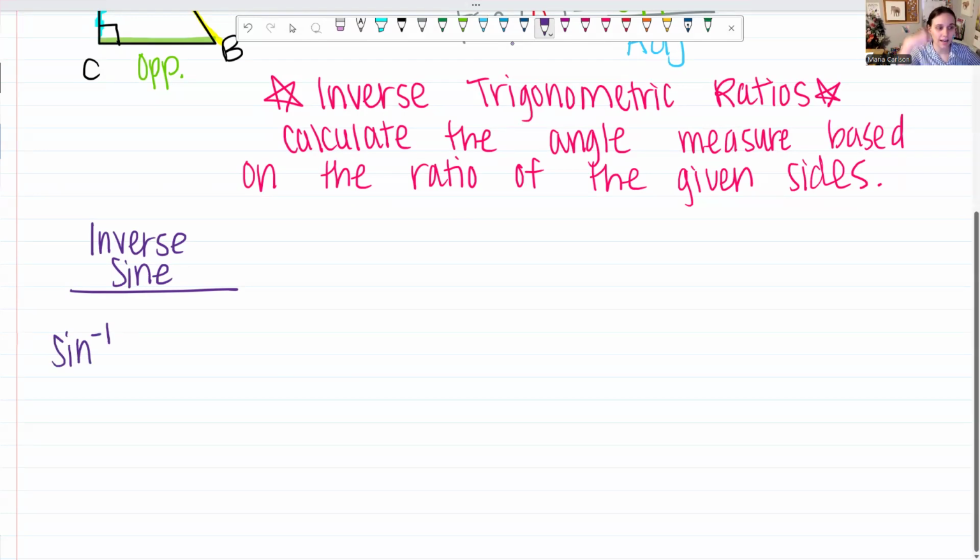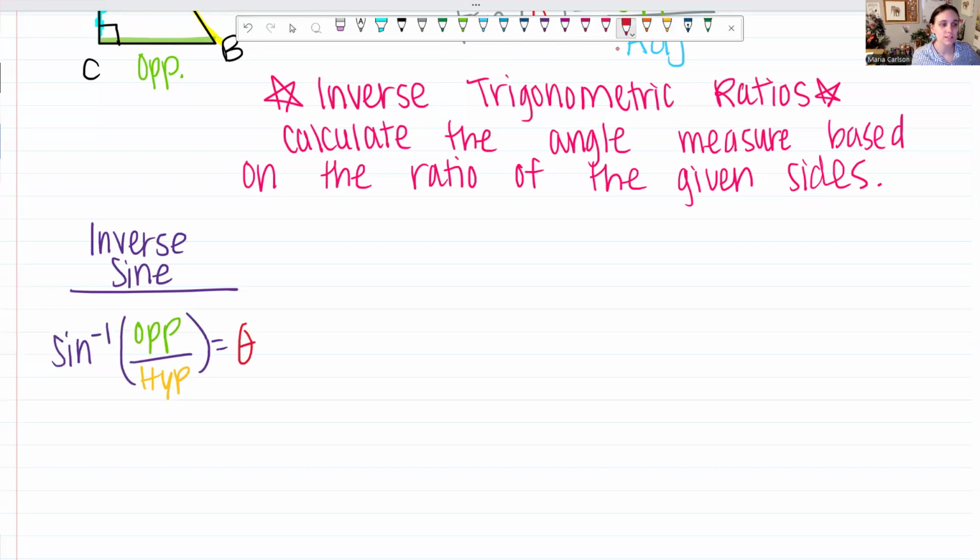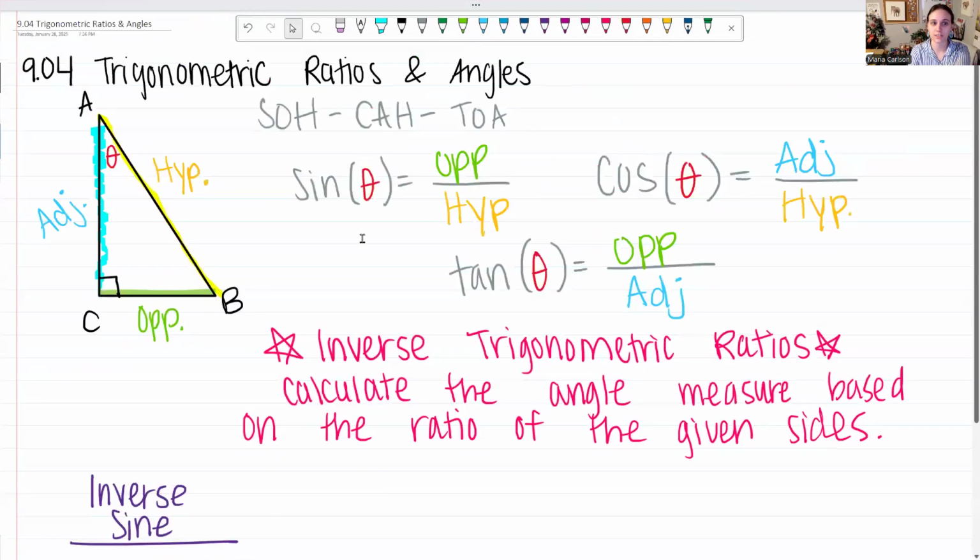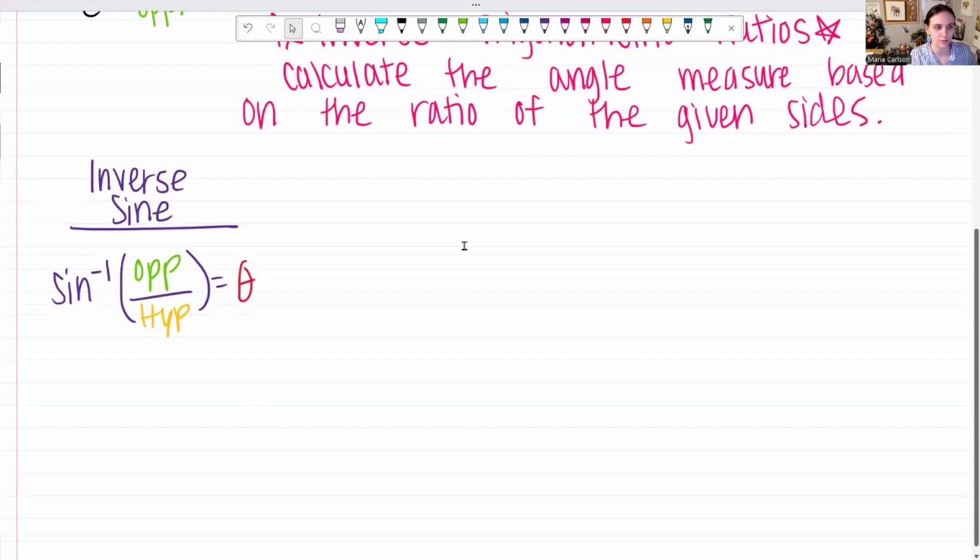So I would say the sine to the negative first power of the ratio opposite over hypotenuse will tell me the measure of my angle. This is really the opposite of our sine ratio. Instead of having the angle in the parentheses, we have the ratio opposite over hypotenuse, and that will tell us the angle.